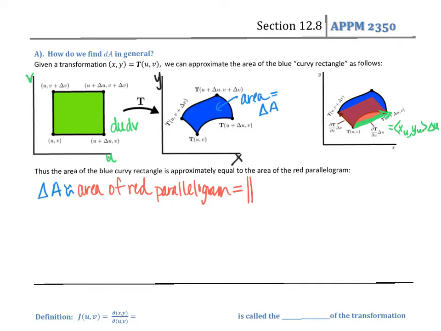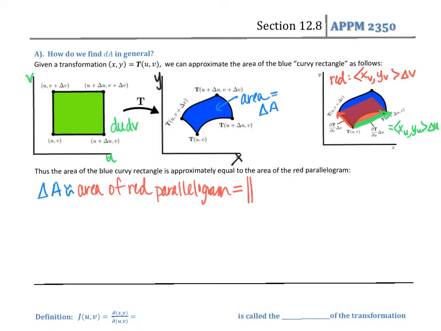And then this vector here, the red vector, is going to be partial of x with respect to v, partial of y with respect to v, scaled by delta v. And if that's not obvious, that's okay. This is hard to see, and you can take my word for it at this point, because we're just going to go from here, but it is related to what we learned back in chapter 11 about partial derivatives.